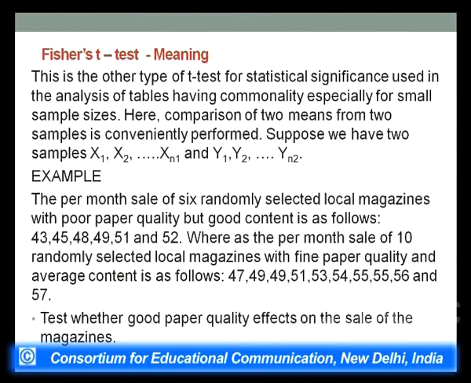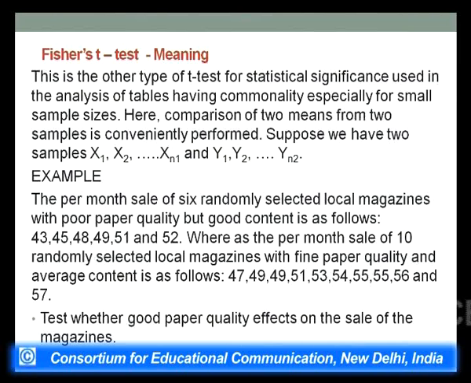Here you have two samples, and both the samples have their means, their average values. Now you have to compare these two, whether they are matching or not. If they are not matching, it means something is wrong somewhere and they have not been properly drawn from the population.